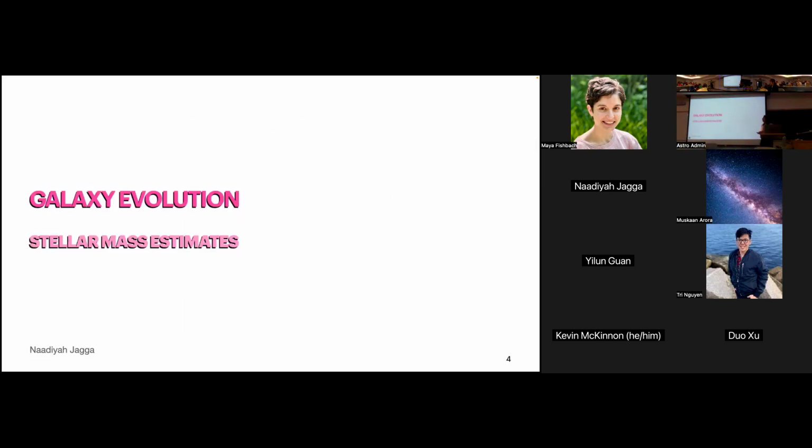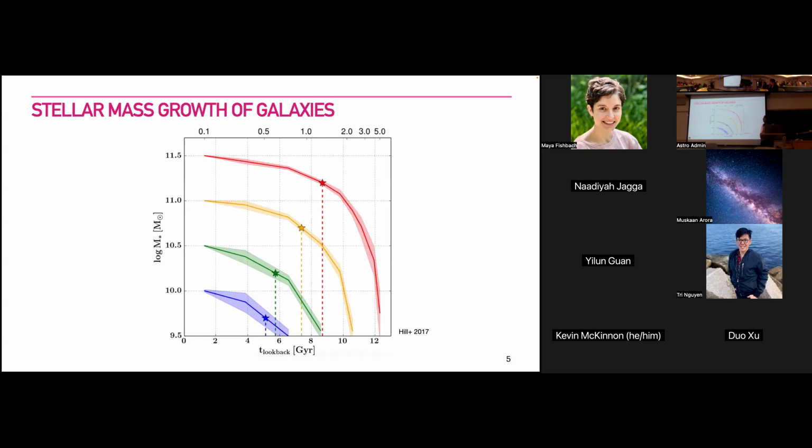All right, so my project fits in the topic of galaxy evolution. I'm focusing on finding accurate measurements of the stellar maps. And the question is, why? So here's a figure on the hill. It's showing the stellar maps versus the red line.